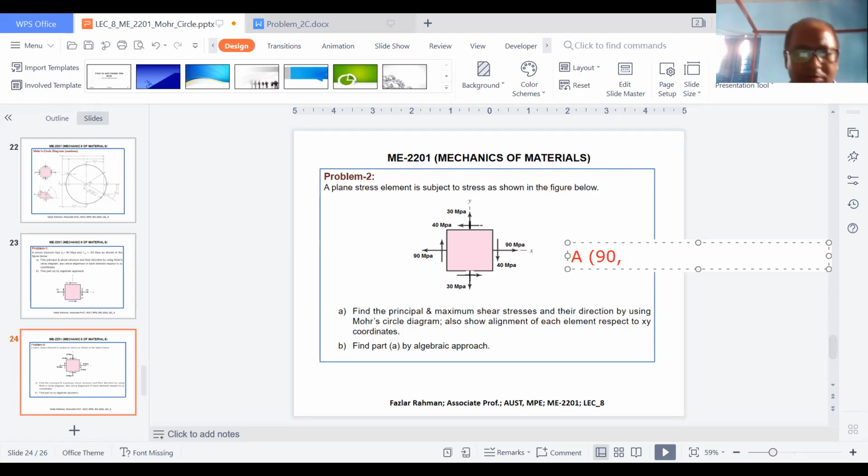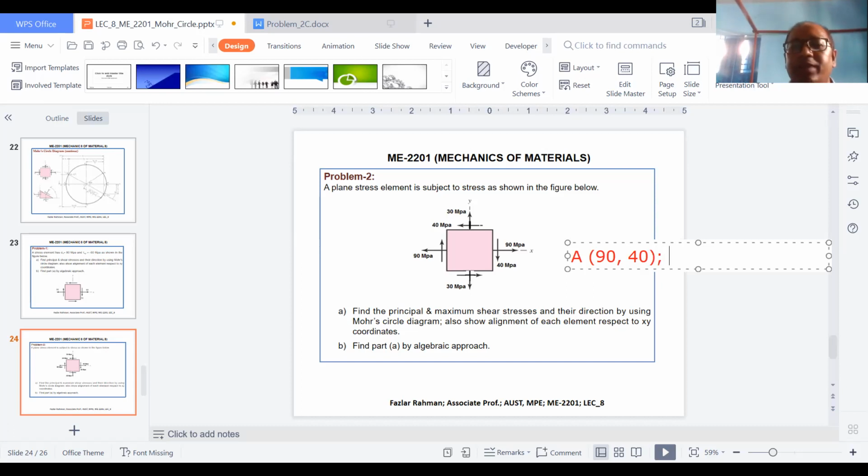How much tau? 40. Then I look for sign for tau. Is rotating which direction? Clockwise, right? So this tau will be right over here negative. I'm sorry, positive, because in Mohr's circle rotating clockwise is positive. So this point is 90, 40.